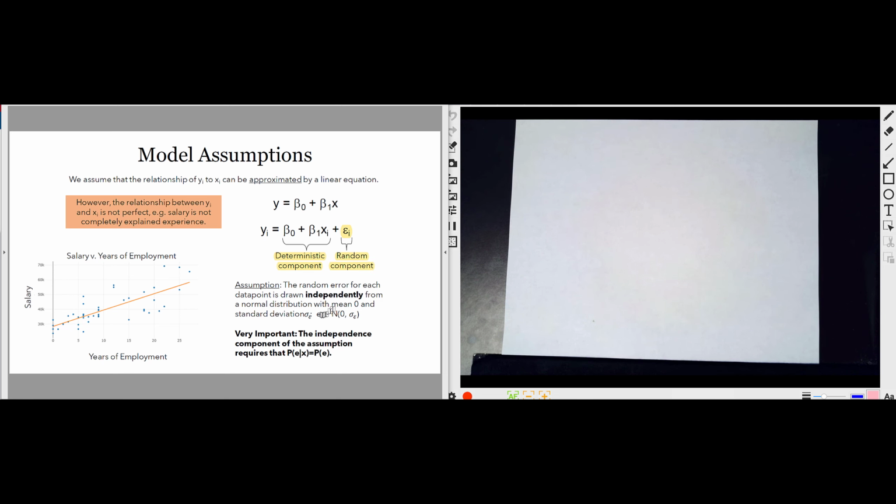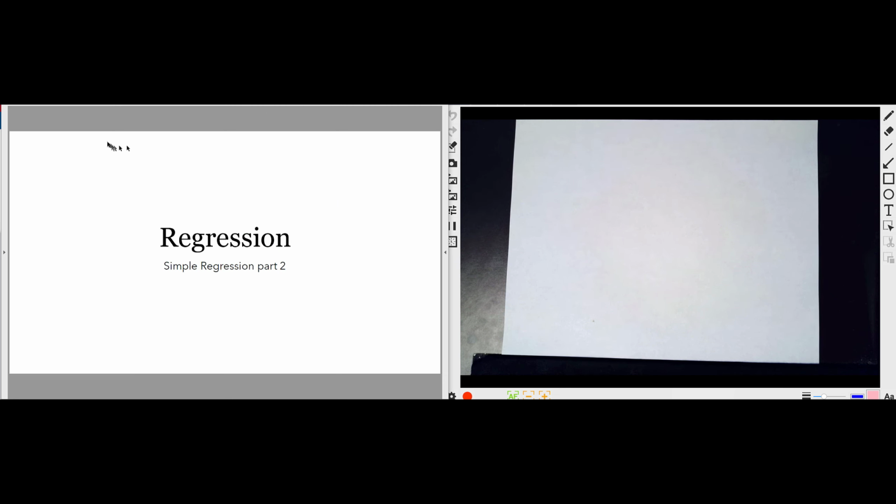And we are making an assumption here that these random components are normally distributed with a mean of 0 around the deterministic line and a standard deviation of some sigma sub epsilon, sigma sub error. All right, so that's basically the key things that we talked about, and we're going to continue this discussion in Module 5b here.